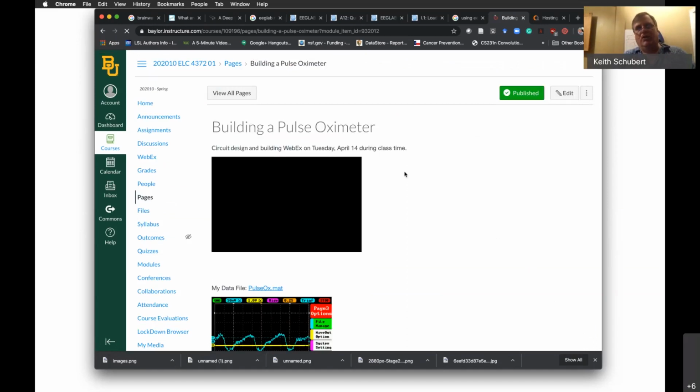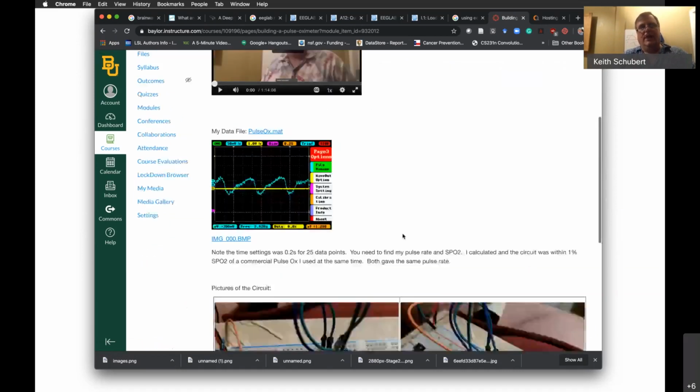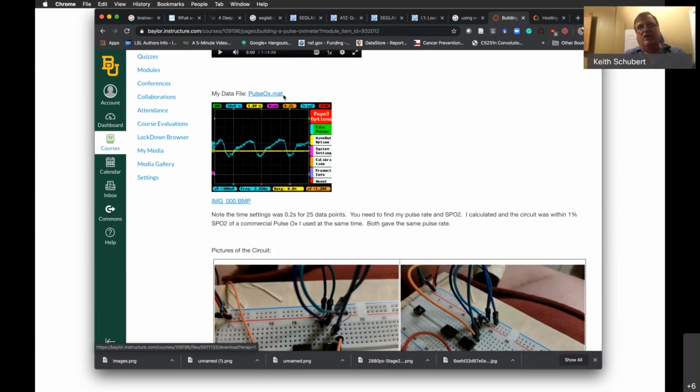When you get to the pulse ox, this is me walking through and trying to run it. Then here's the pulse ox matrix, which has the data for it. And this is a snapshot from the oscilloscope, those little orange ones that we had. I think this one is the red. I only took one picture, and this is it if you want to download it.